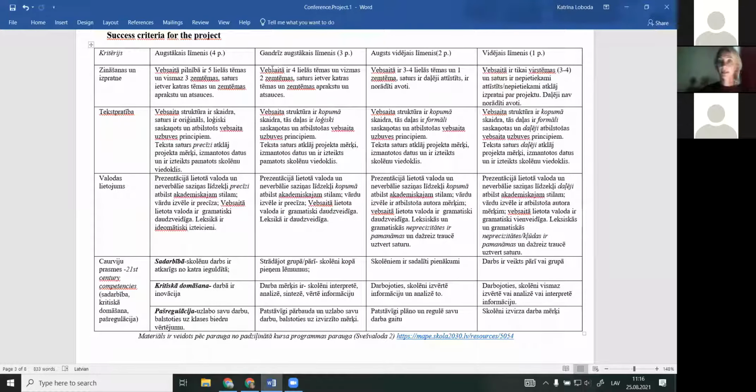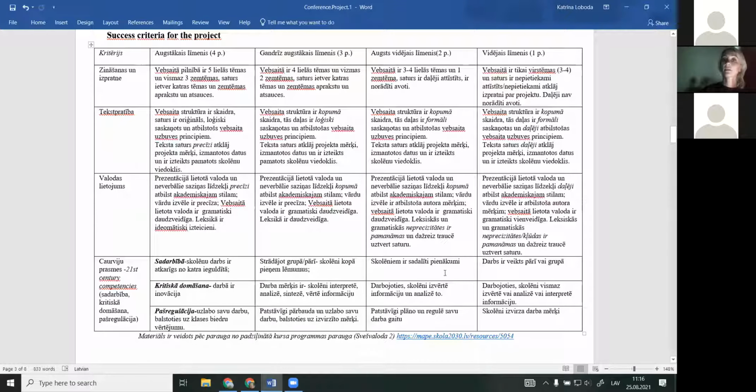But I have added here the 21st century competences I was talking about some minutes ago: collaboration, critical thinking, and self-regulation. As you can see here, the lowest level is when students simply decided to work in pairs or groups, but maybe didn't talk much about who is going to do what in this project. They simply decided, like, okay, I will talk about geography, you will talk about the history.